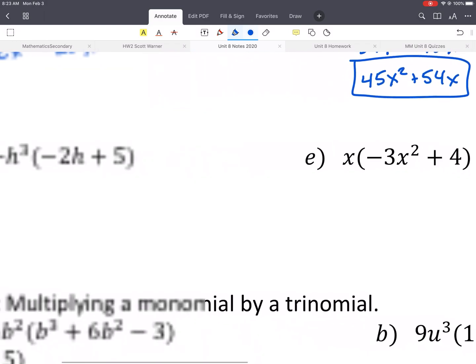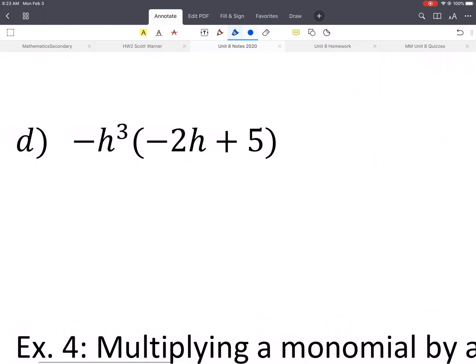All right, let's do this one together. Here we're going to distribute this whole thing over. So negative h to the third times negative 2h. Well, we have a negative times a negative, that gives us a positive. And if you wanted to put a 1 there, you can. 1 times 2 is just 2.